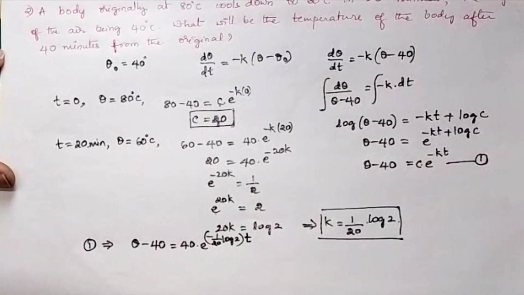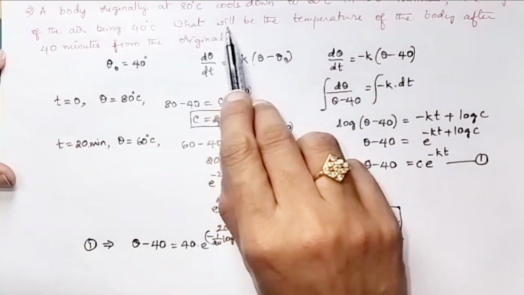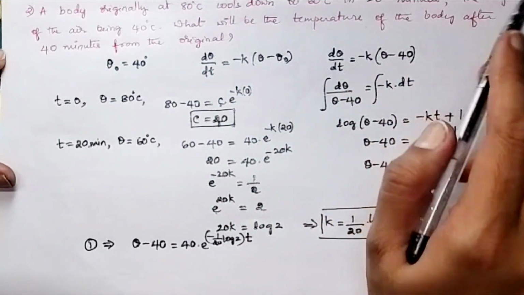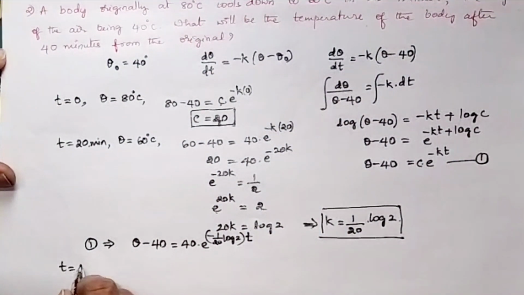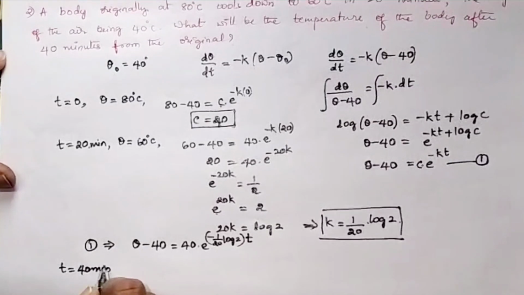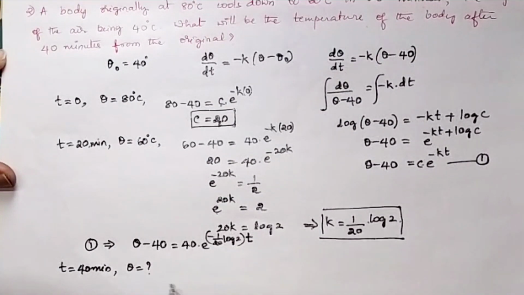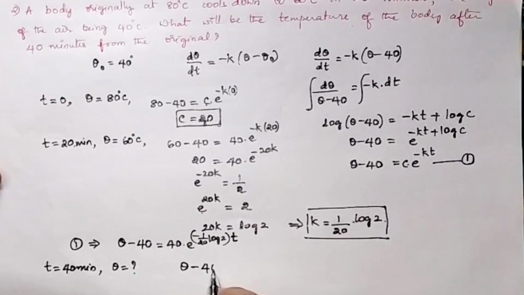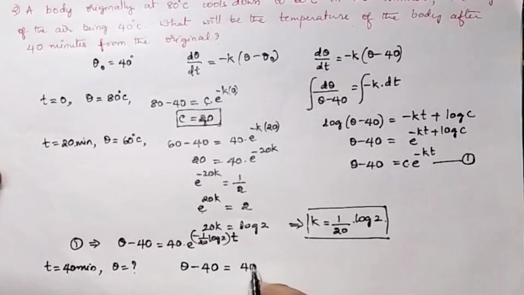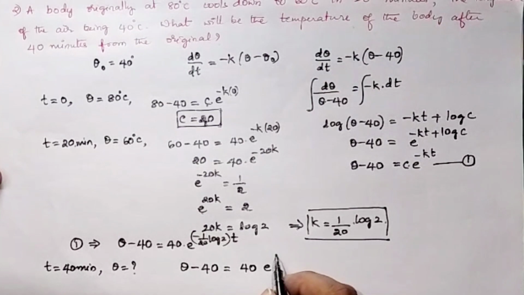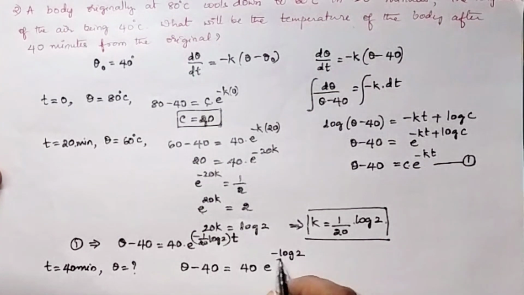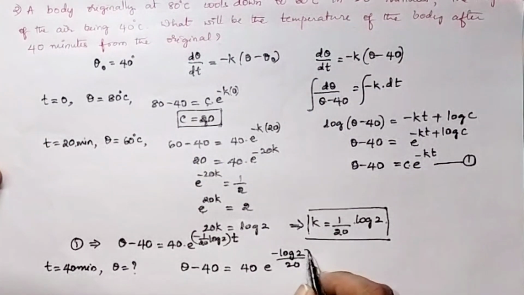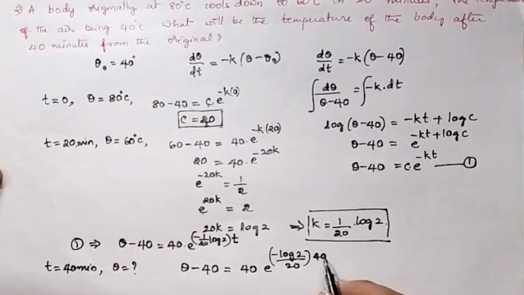Now you have to find out what will be the temperature of the body after 40 minutes. So when t is equal to 40 minutes, θ is equal to how much? That we have to calculate. So θ we don't know, keep as it is, equal to 40 into e to the power minus log 2 divided by 20 into time, which is 40 minutes.